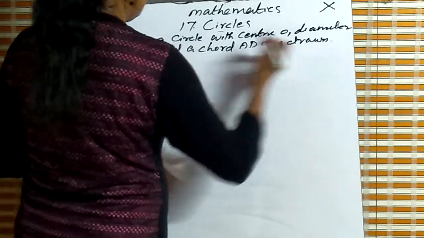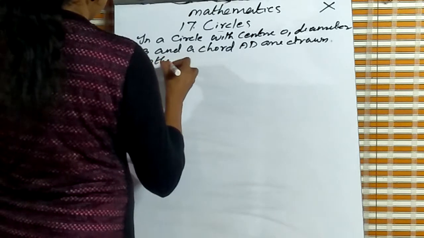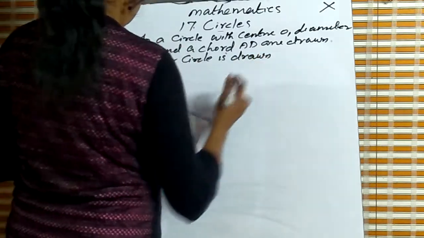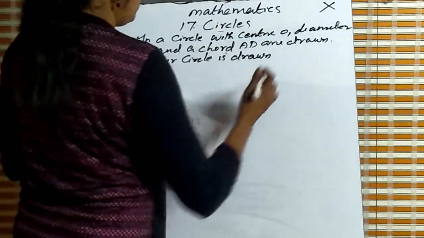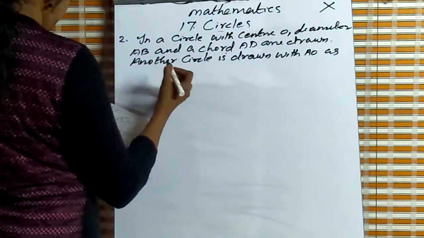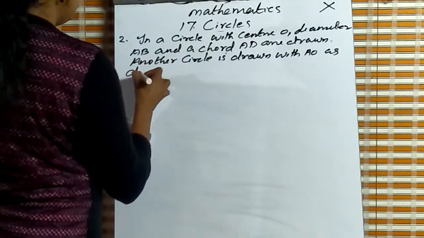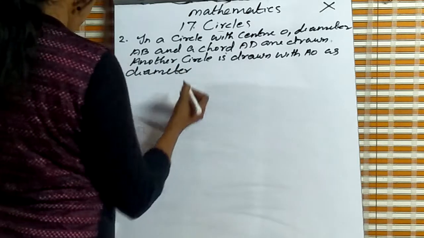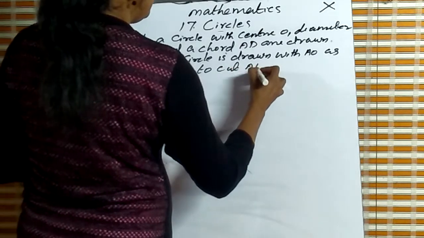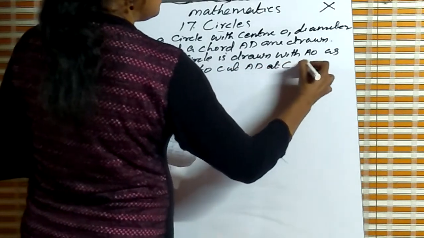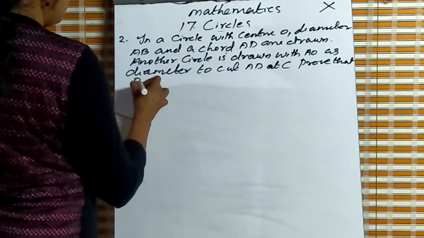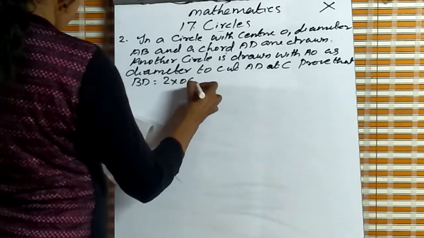Another circle is drawn with AO as diameter to cut AD at C. Prove that BD is equal to 2 into OC.